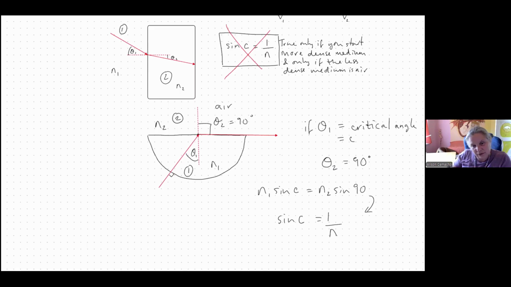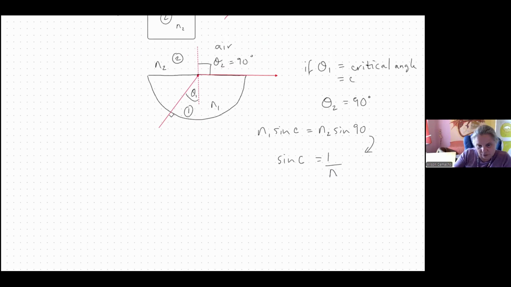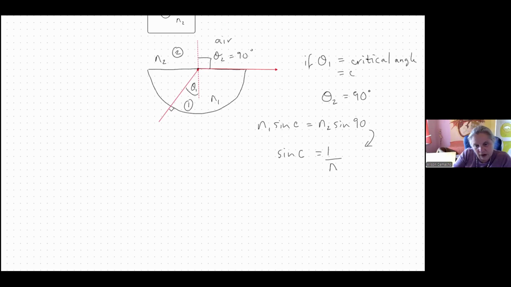So what would happen if we put a layer of water on the back? Can you see now we've got a layer of water on the back. Now our second material isn't air, so this N2 doesn't disappear.